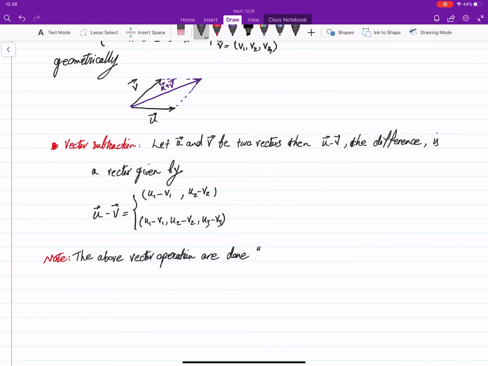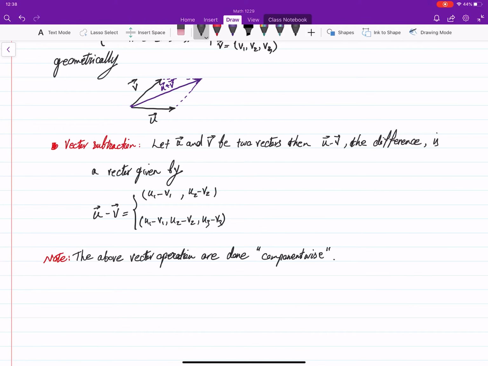component wise, meaning that if you're adding two vectors, you just add the corresponding components and put them in the corresponding places. If you're subtracting, you just subtract the corresponding components and put them in the corresponding places.